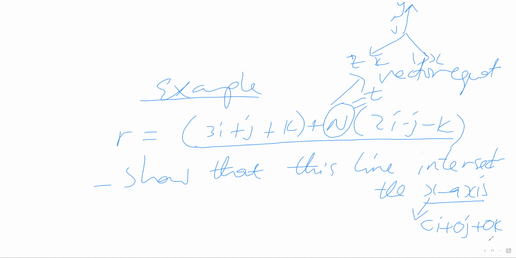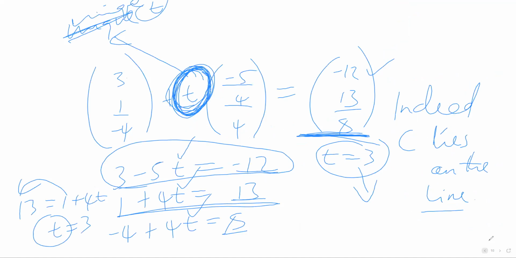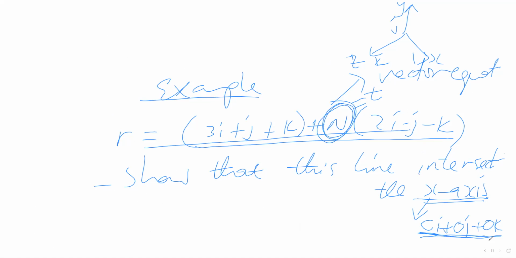So this c is just some real number on the x-axis. If this intersects the x-axis, then there should be some mu which is equal to that. This is the same thing that we were dealing with, except that the c here was given as a column vector.